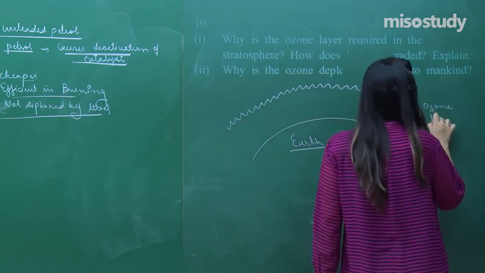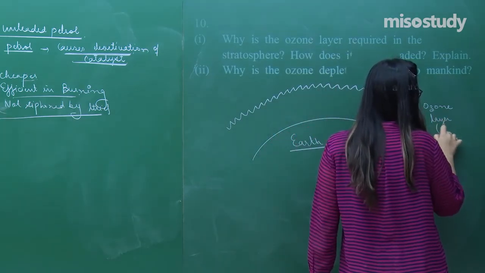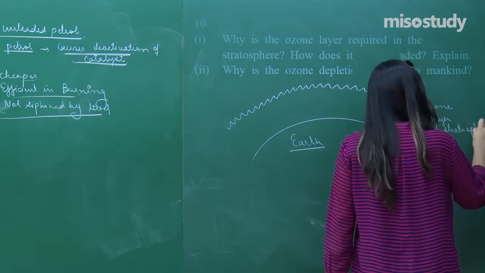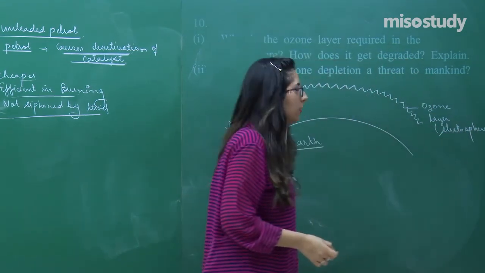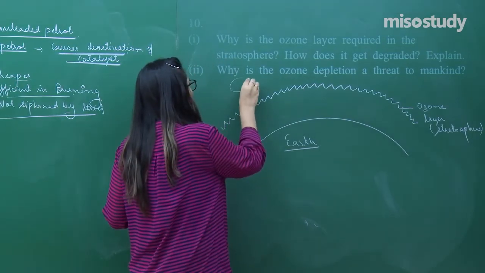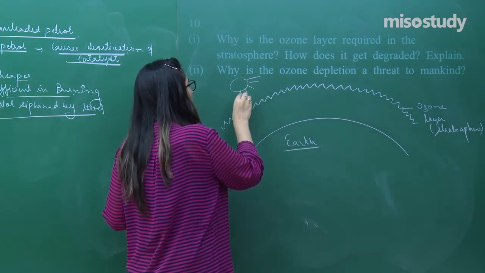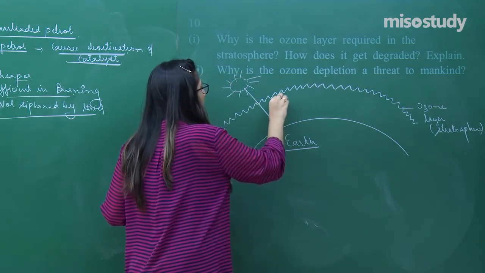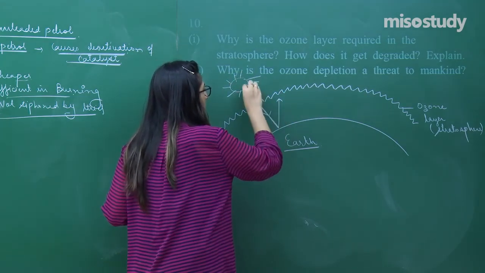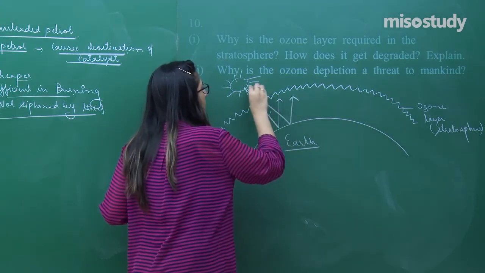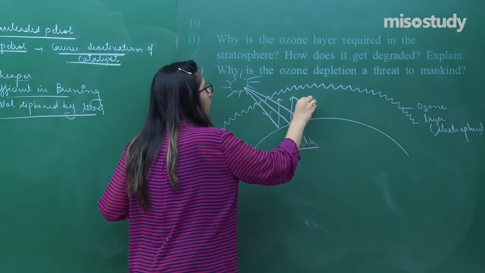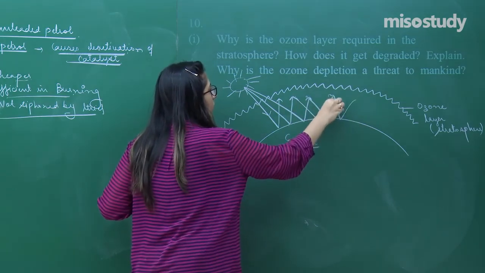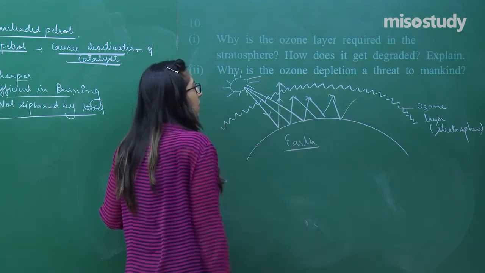So the ozone layer is present in the stratosphere. The Sun is present over here. Rays which fall on the earth crust will be reflected back like this. Some of the rays will not be able to go back, and they will get trapped in the earth crust like this. Some are reflected back.